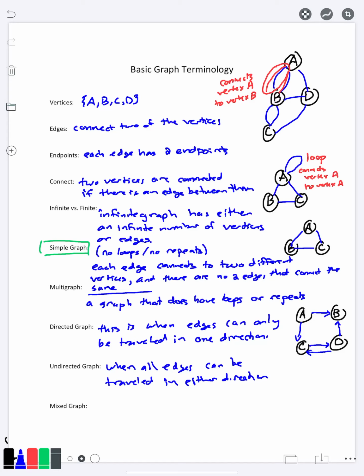And a mixed graph is a graph with some directed edges and some undirected. Again, this is an important classification because sometimes the work we're going to do only applies to undirected graphs. Sometimes we only care about directed graphs. But we'll see as we go through examples which one is which and what we want to use for each category.